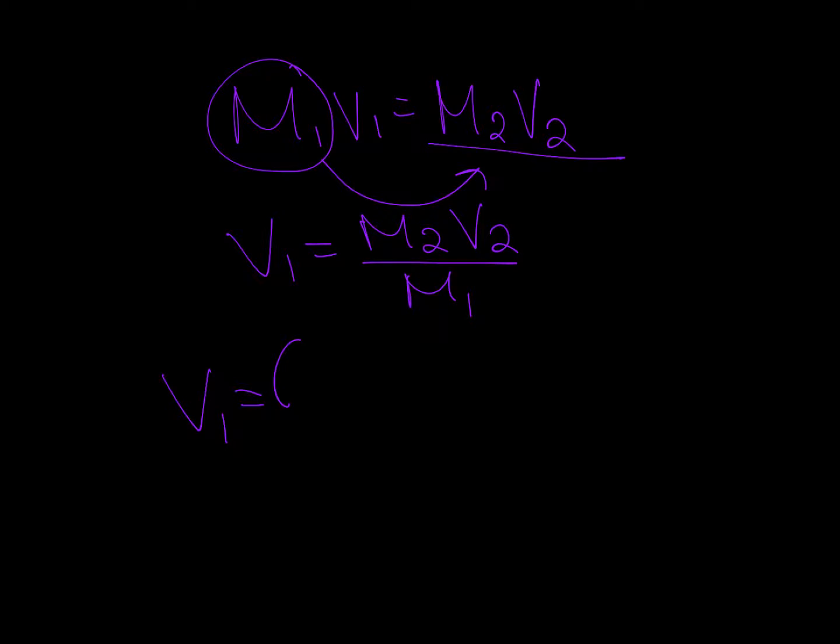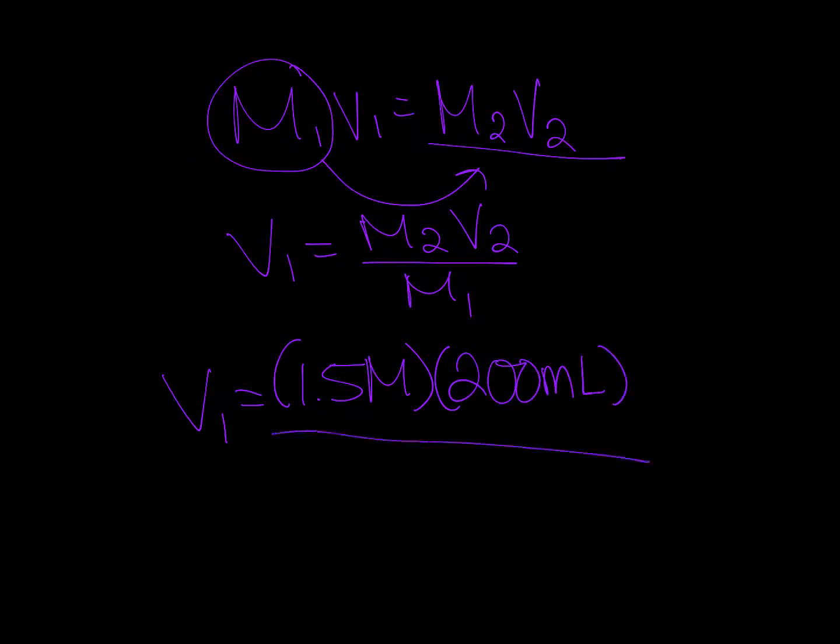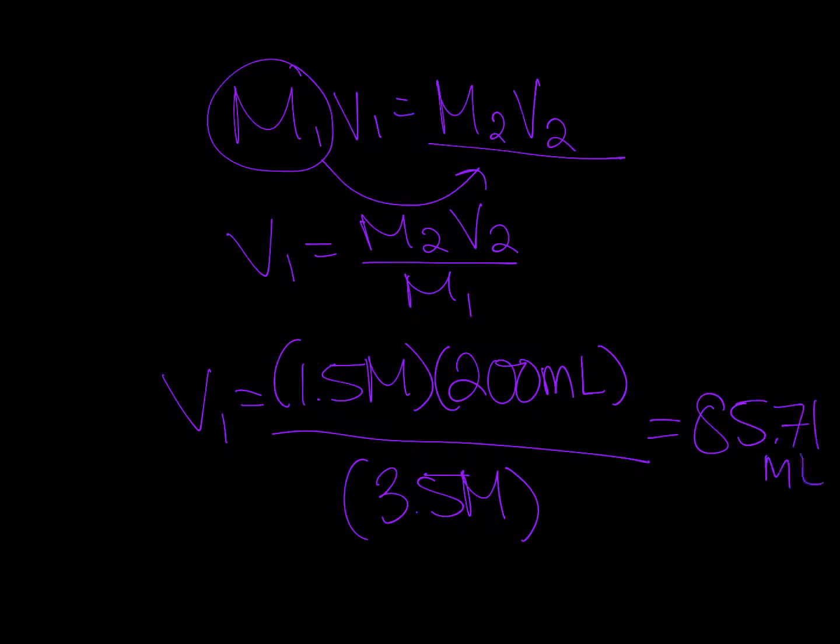For M2, we have 1.5 molar. For V2, we have 200 milliliters. For M1, we have 3.5 molar. And when you do the math, you'll get 85.71 milliliters, which is approximately 86 milliliters.